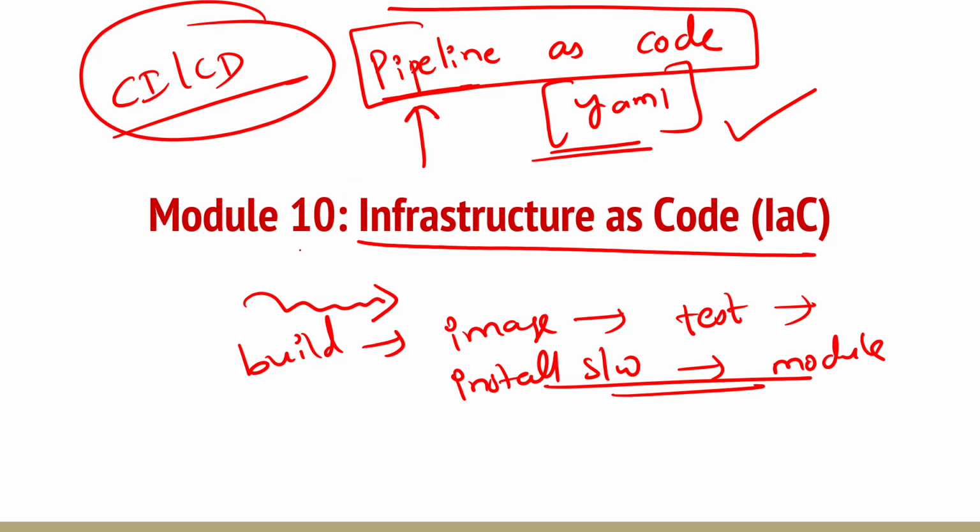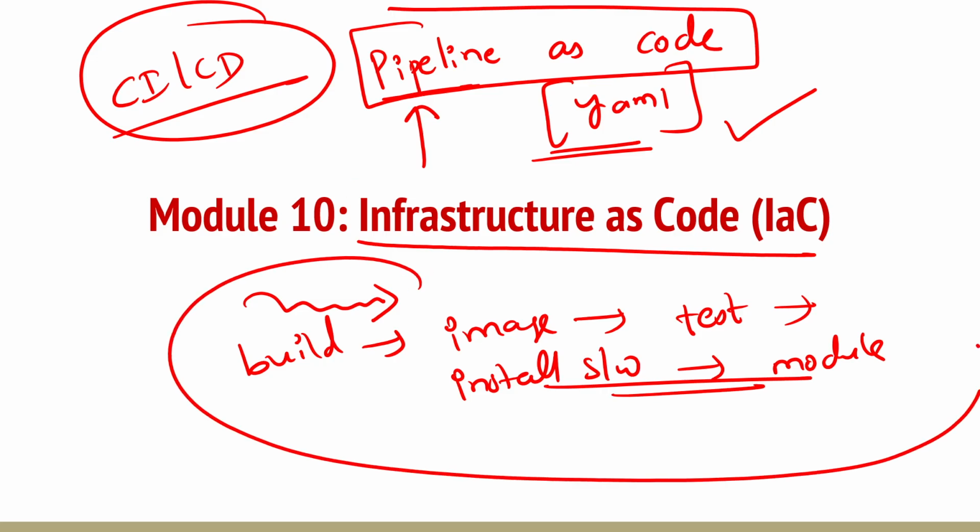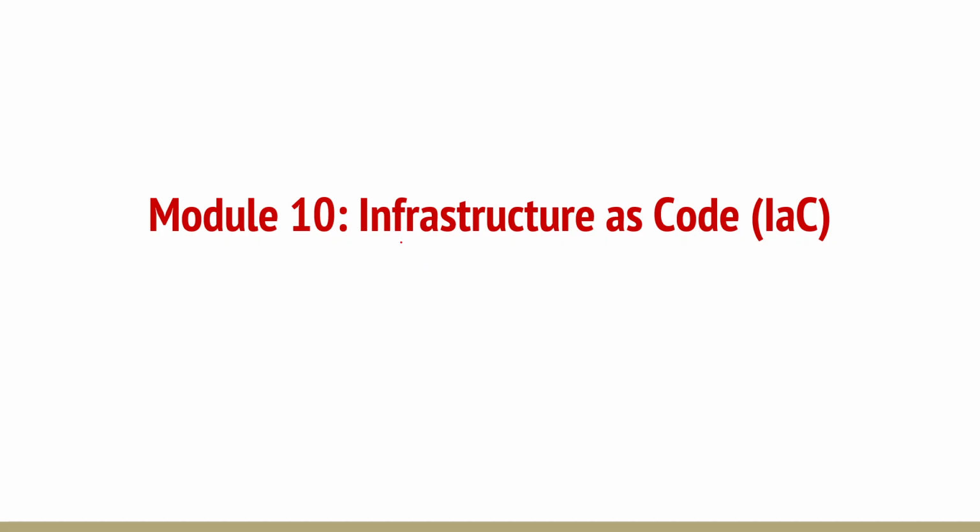So, it comes after you write the code, that is when the concept of pipeline as code comes. Once the code writing process is completed, only then we start talking about pipeline as code or the YAML file, right. But before that, for the code itself, we have another interesting concept, that is infrastructure as code.